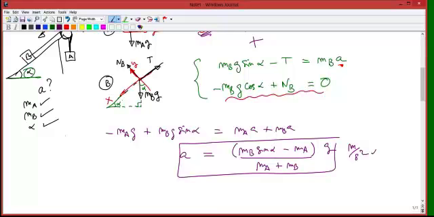All right, and sure enough, it had better be positive because I was given the direction of motion as A going up, B going down. Since I used that assumption in the choice of my coordinate system, I have to get a positive value. If I do get a negative value, then I know something went wrong. Okay? Questions?